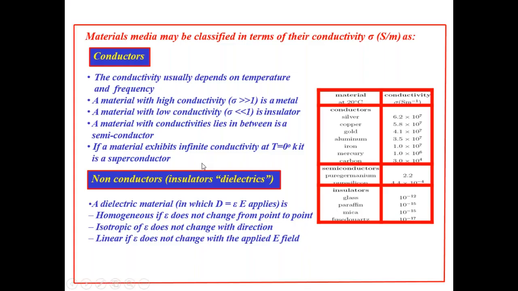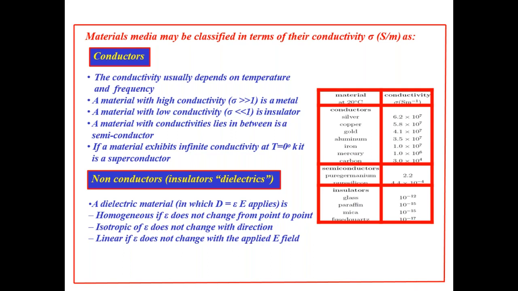Now, electrostatics in media. The conductivity depends on temperature and frequency. Materials in media may be classified in terms of their conductivity as conductors, non-conductors. For conductors, the conductivity usually depends on temperature and frequency. They are materials with high conductivity, and a material with high conductivity is a metal.